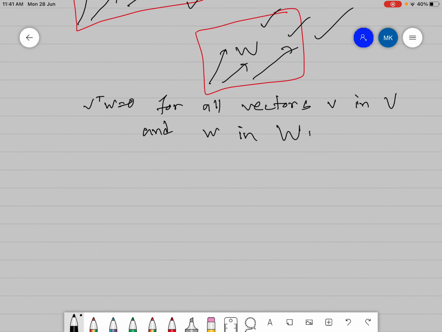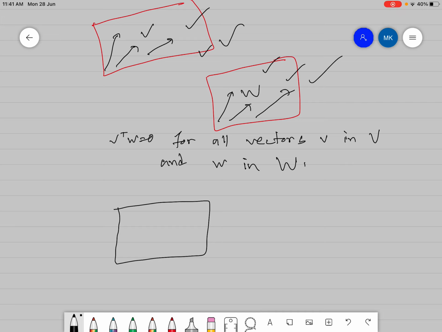One example you might think of is two walls of a room that meet each other, or the floor and a perpendicular wall. You might think that the floor and this wall are perpendicular, but in reality they are not, because if you take one vector at 45 degrees on the wall and another vector at the meeting point of them, this angle is not necessarily 90 degrees.